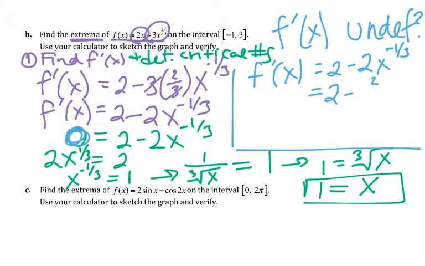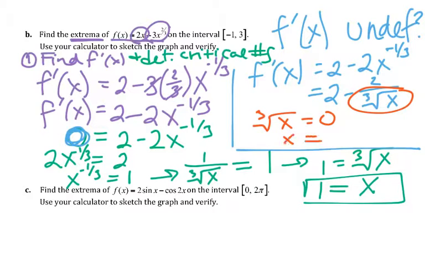We can also write that with the cube root. Now it's easier to see when this might be undefined. It's going to be undefined when this denominator is 0. So if I set the cube root of x equal to 0, I get x equals 0. This is also a critical point because my derivative will be undefined. I can't divide by 0. So my two critical points are x equals 0 and x equals 1.